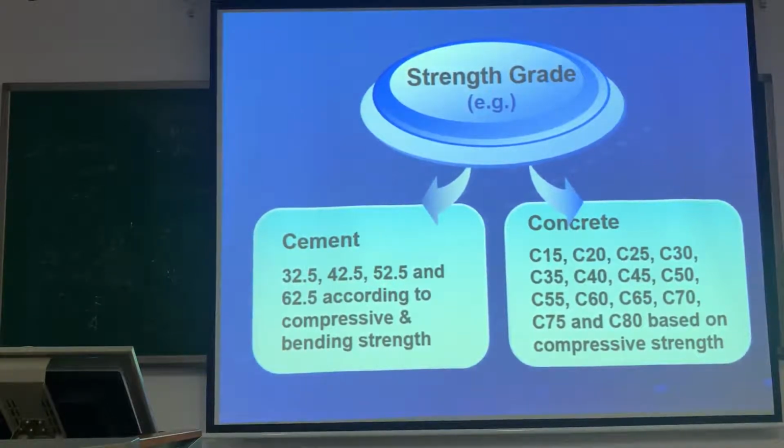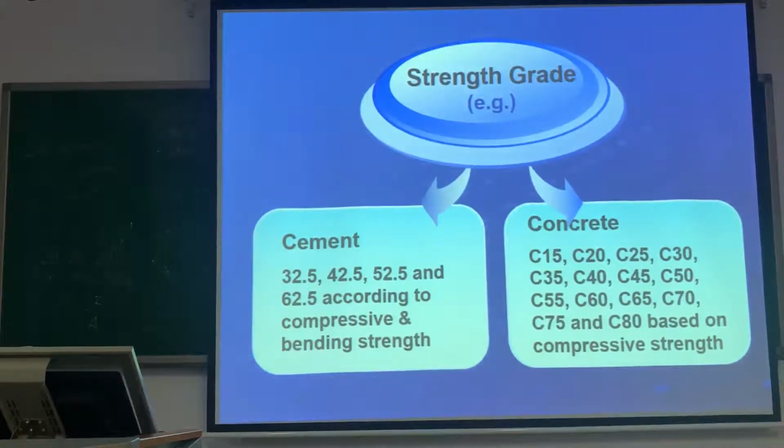But when mixing the cement and the water, are you given specific figures? No. Your question is: if I get 52.5 cement, how am I supposed to know I'm going to get that?